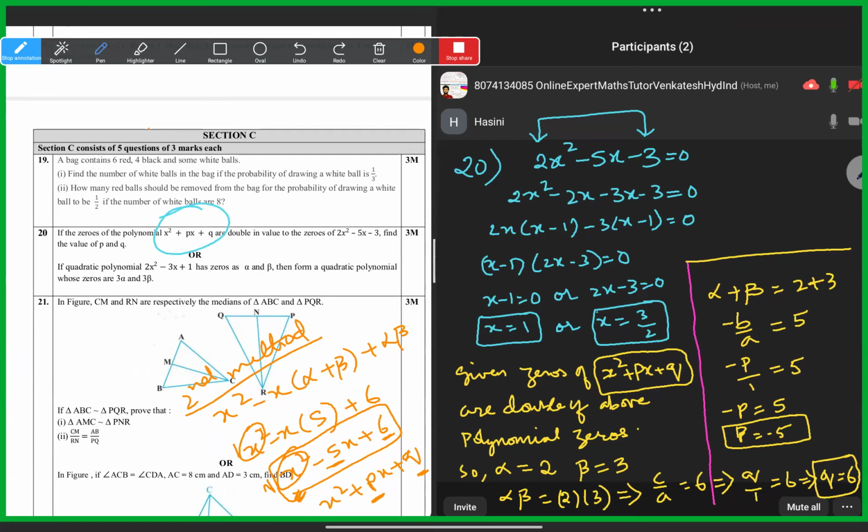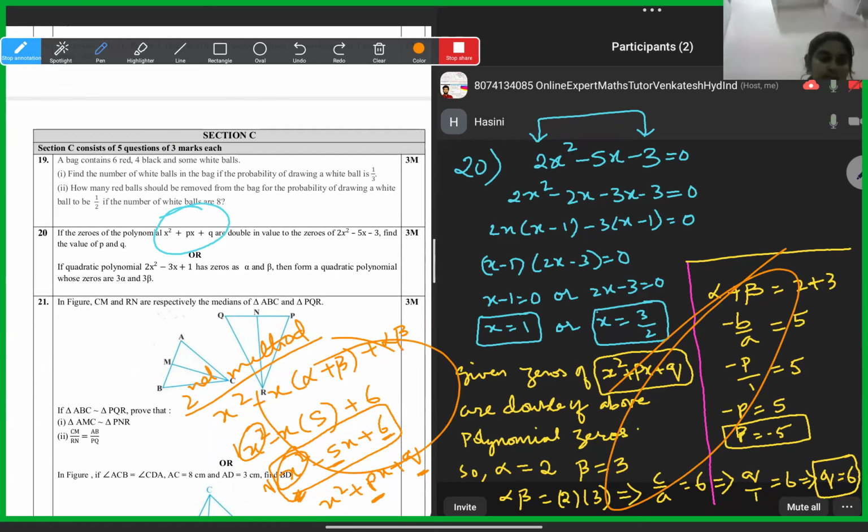After we get the polynomial, we compare it with whatever they gave, x square plus px plus q, then we'll get the p and q values. Whichever is convenient for you, you can do that. I feel this is also easy only.